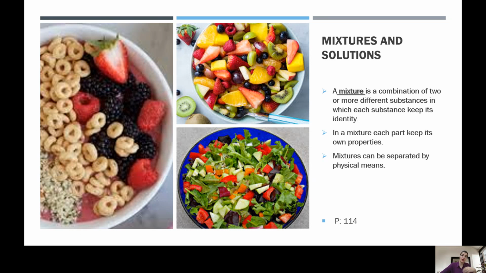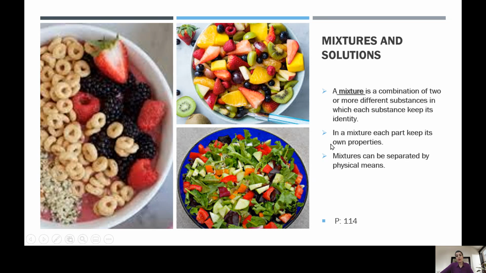The fruit was strawberry before the mixture, and it is still the same after I mix it. That's why the special thing about mixtures is that whatever substance I mix with another will always stay the same. It will not change its identity. It will not produce a new substance.